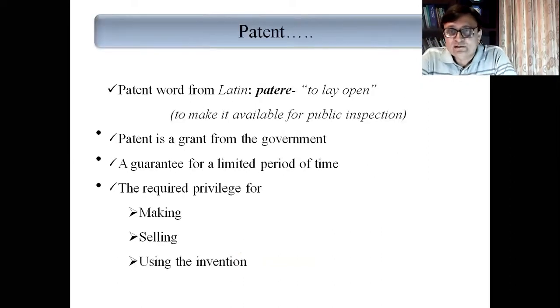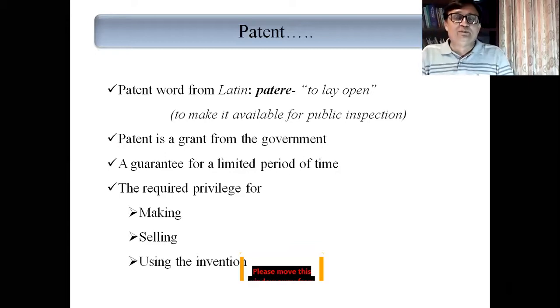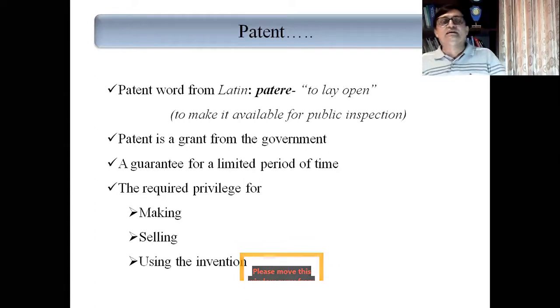So as far as the patent is concerned, the word patent is taken from the Latin word patere, that means to lay open. That means anything which is open for public inspection. If you have produced something, it is produced before the people and let the people know that this discovery you have made.